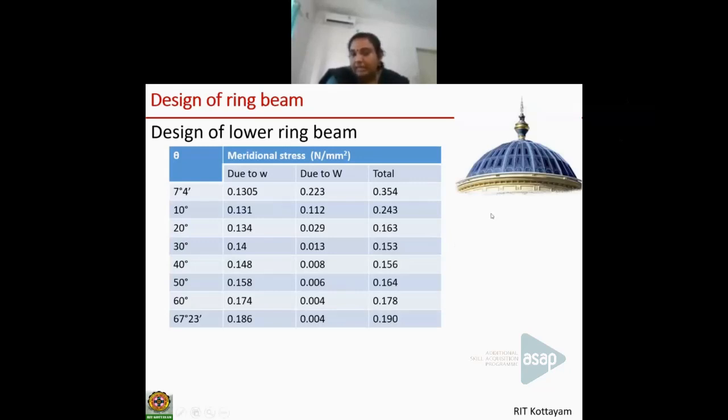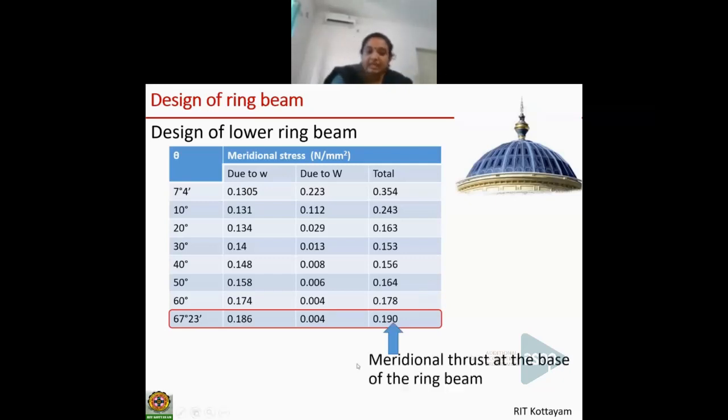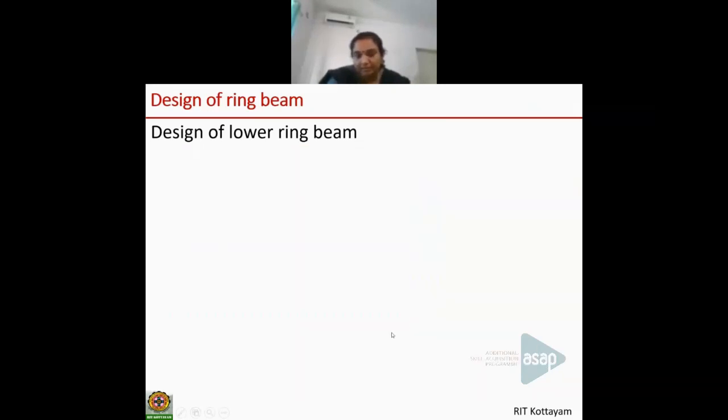At the base, what is the theta value? It is 69 degree 23 minute, right? So this is the point where we'll be focusing. We'll get all these things from the table that we have already generated for the stresses. And this is the meridional thrust at the base of the ring beam.